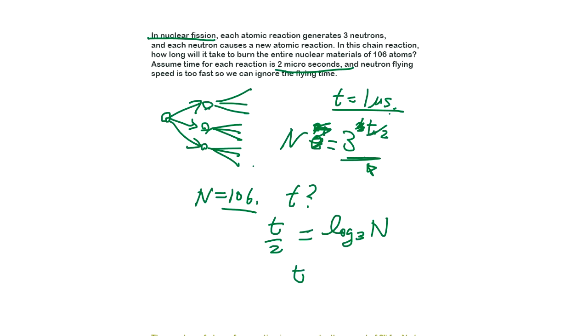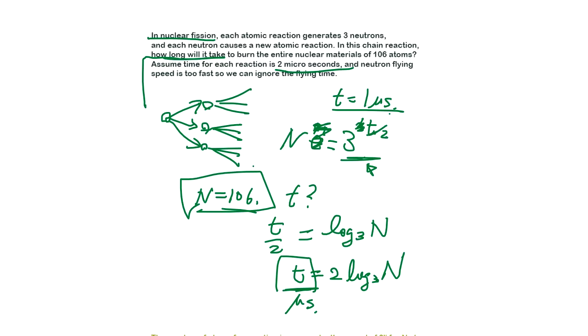So t is 2 log base 3 of n. So this much time is needed. So the question is, how long will it take? So t microseconds it takes, and n is 10^6.